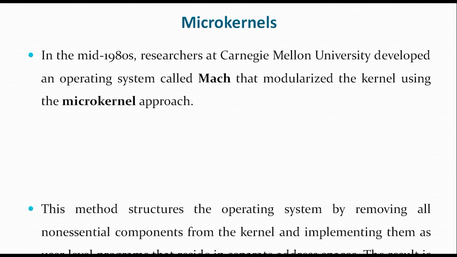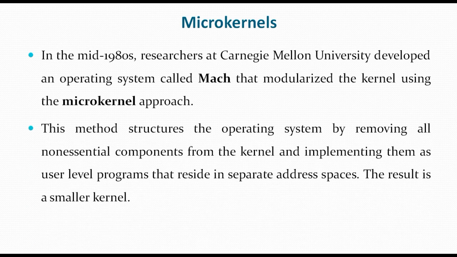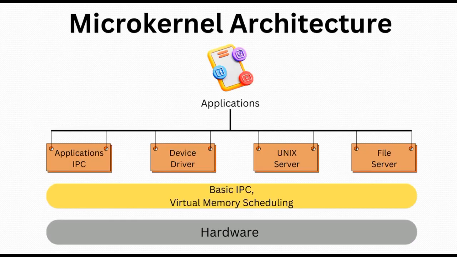This method structures the operating system by removing all non-essential components from the kernel and implementing them as user-level programs that reside in separate address spaces. The result is a smaller kernel.